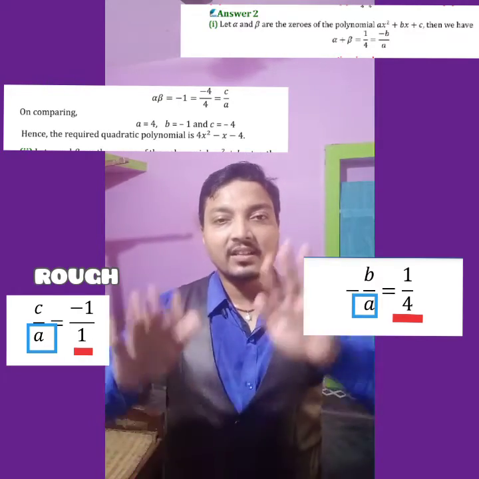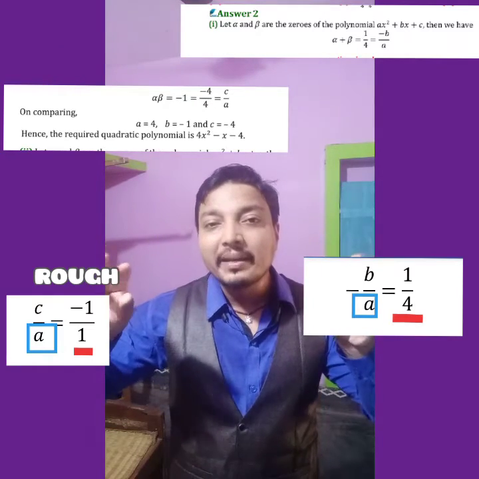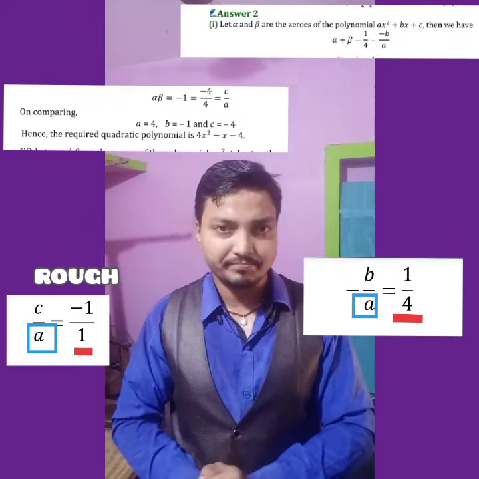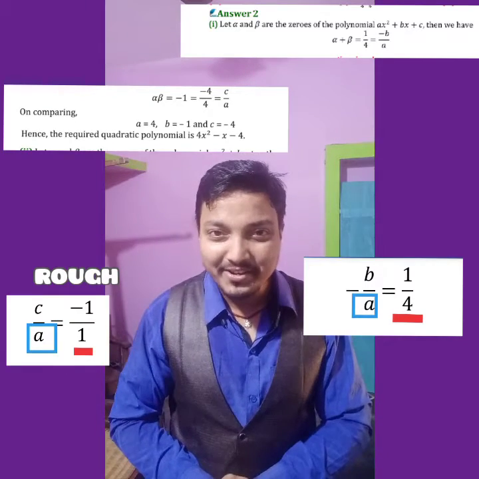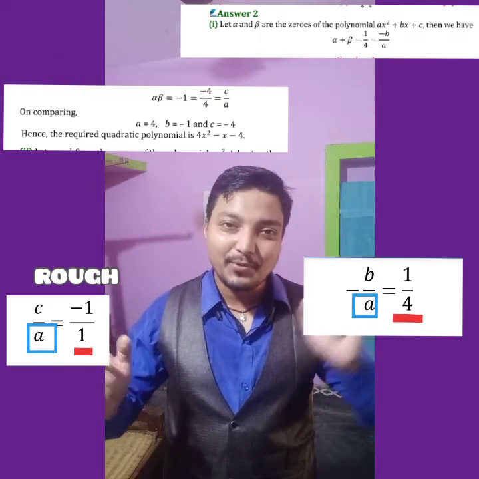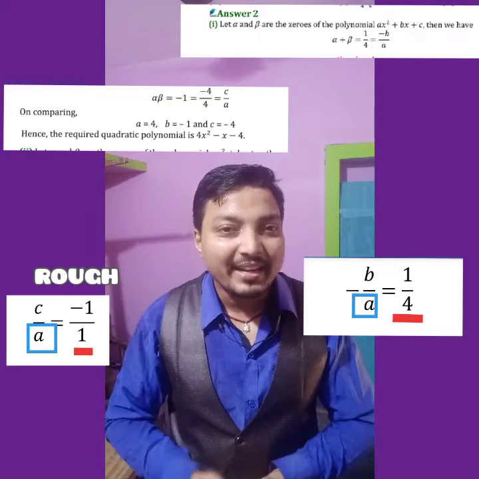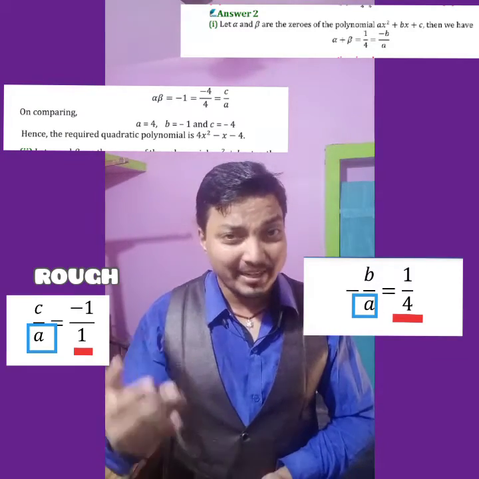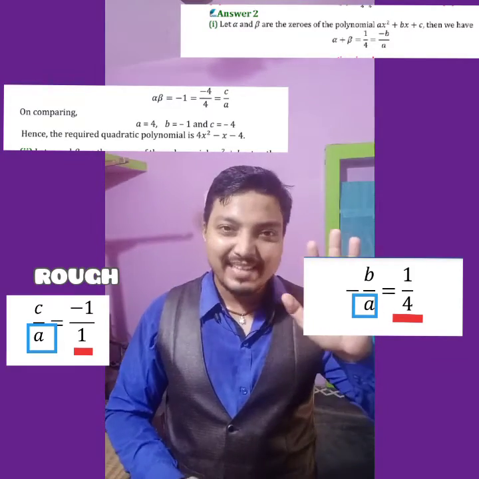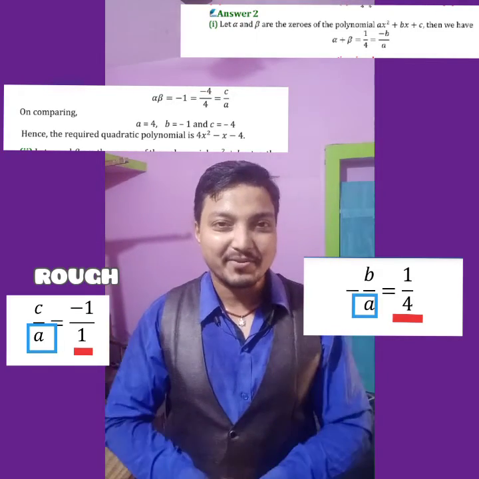So first, in both rational numbers, we must equate the denominators. How to equate the denominator? Everyone see, on the left side the denominator is 4, on the right side it is 1. So their LCM is 4. Left side needs no change, but the right side I need to convert into 4.